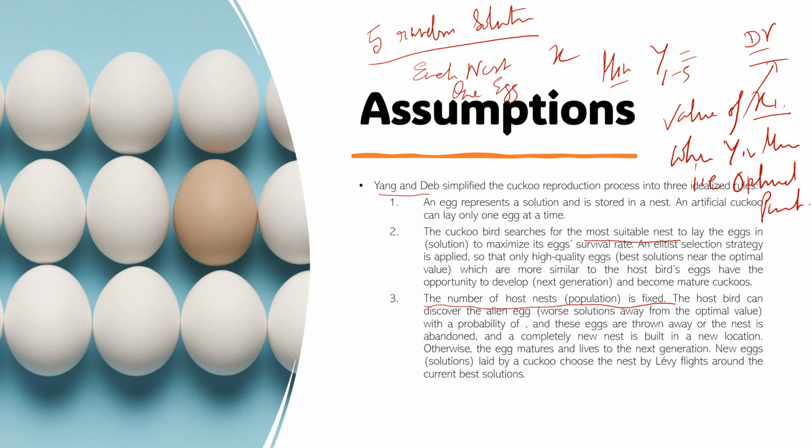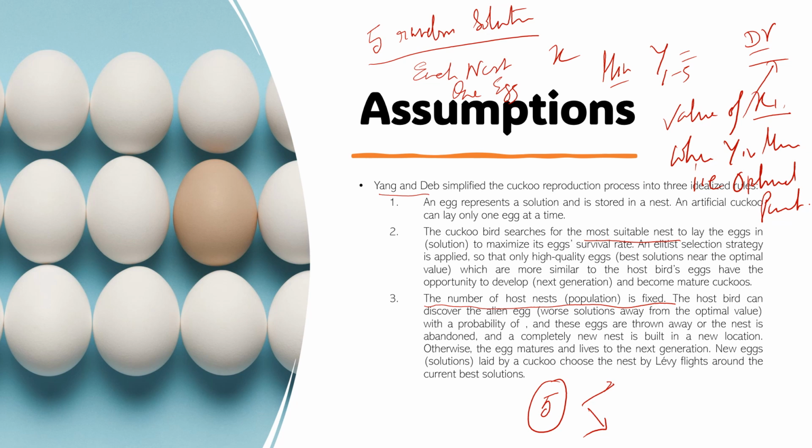So if you are generating 5, you can generate only 5 at a time. You cannot exceed this value, and you also cannot reduce it, because the population of nests is fixed. That is the assumption it has.